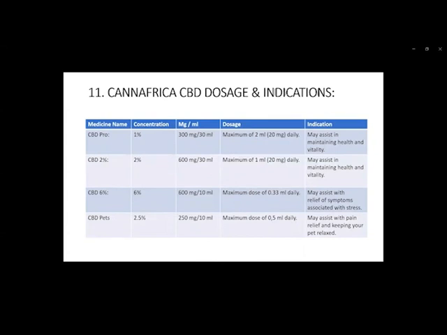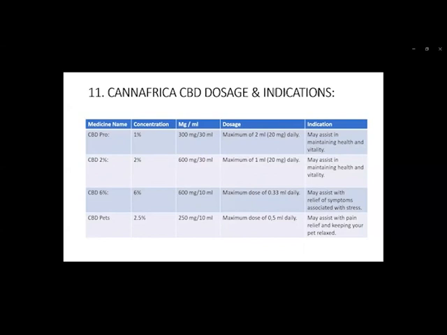CBD Pro is at a concentration of 1%. It's 300 milligrams per 30 ml with a maximum of 2 ml daily. If they want to take a ml in the morning and a ml at night, they can do it. They can split it up, but they mustn't go over that amount. And it may assist in maintaining health and vitality.